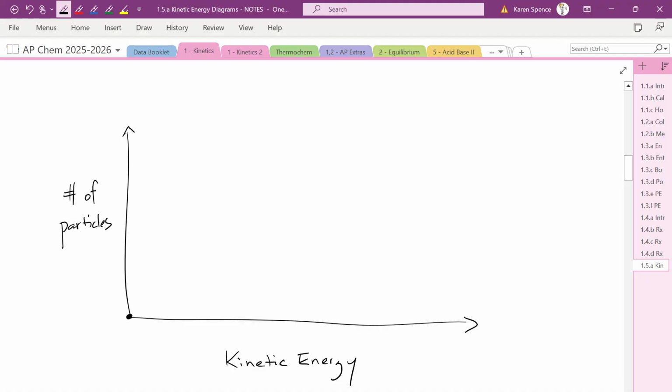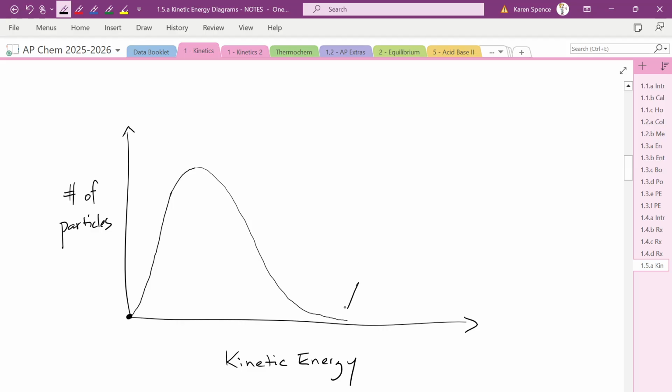And it goes up first. And then we get a peak. Should it be symmetrical? No, what should it do? It should have a right tail off.